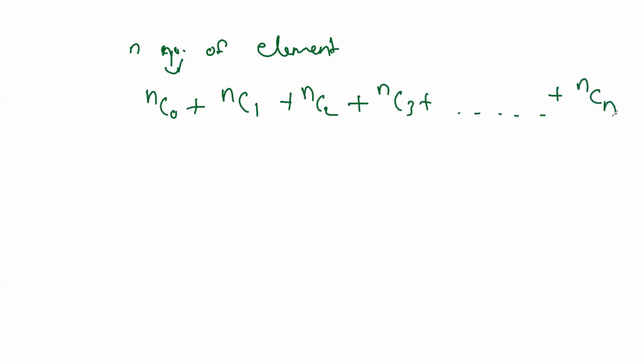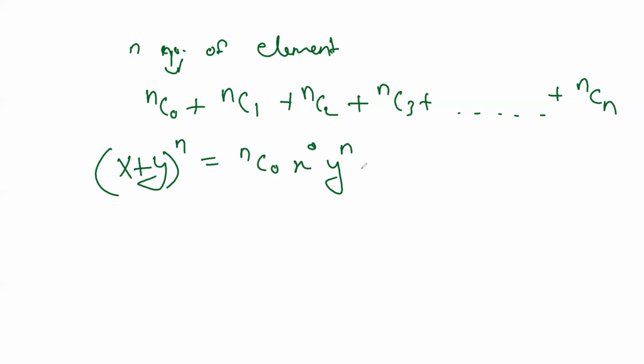You can take a glance on this. And if I use the formula of the binomial expression, (x plus y) whole power n, we know that this is equal to nC0 x^0 y^n, or we can say x^n and y^0, you can take it any way, plus nC1 x^1 y^(n-1), then nC2 x^2 y^(n-2), and similarly so on.